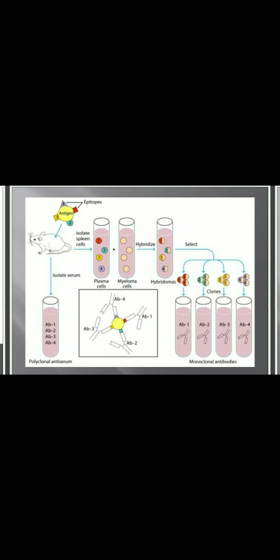Next, after 72 hours we take the spleen cells of that mouse and isolate them. After that isolation and combination with myeloma cells, we get the hybridomas, and then we select the clone, and due to that selection we get the different kinds of antibodies.